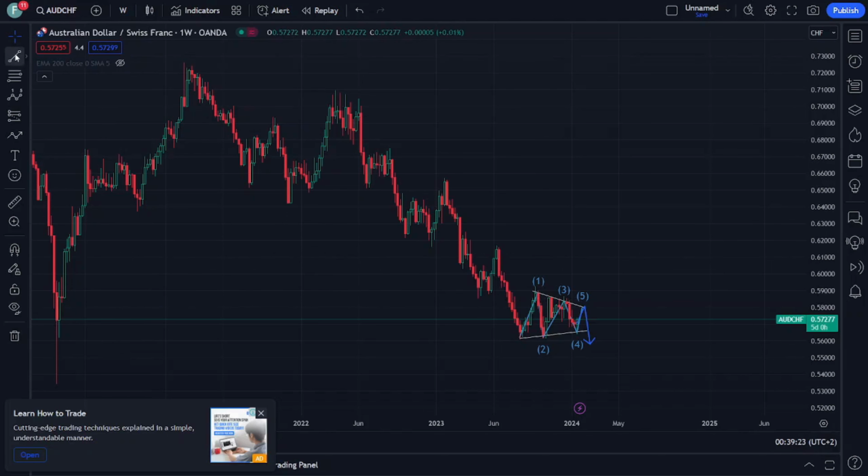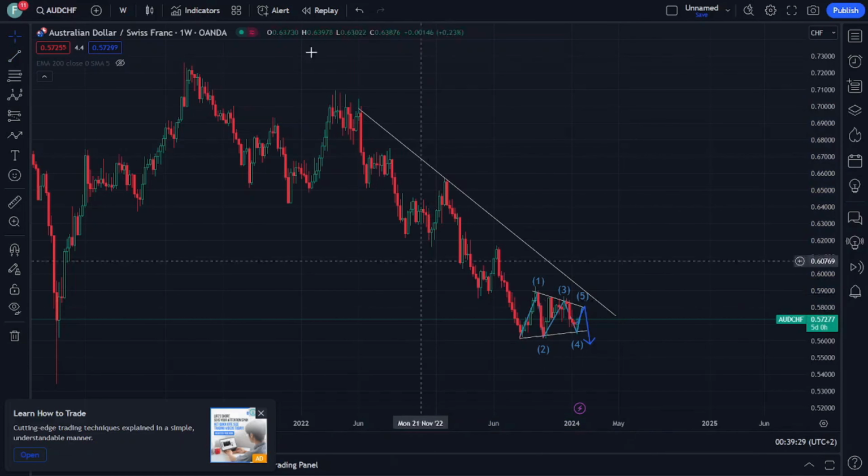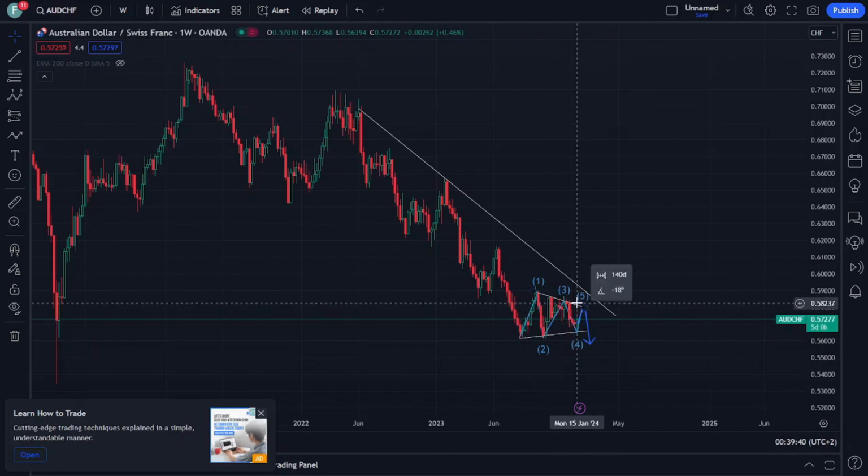So let's look at the trend. What we have here, very nice, we've got 2 touches on our weekly time frame. Looking at this and matching it with our theory, this is a nice pattern.